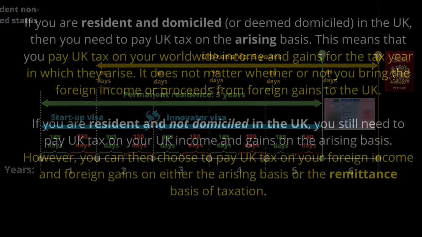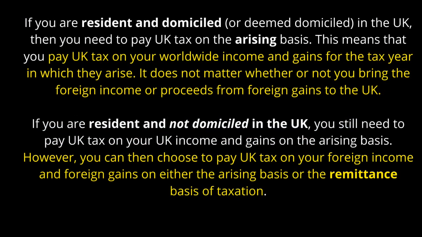So just to give you this rule in a nutshell, if you're resident and domiciled or deemed domiciled in the UK, then you need to pay tax on the arising basis. So as I say, this means that you pay UK tax on your worldwide income and gains for the tax year in which they arise.